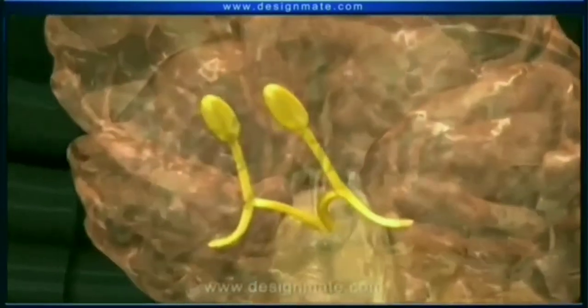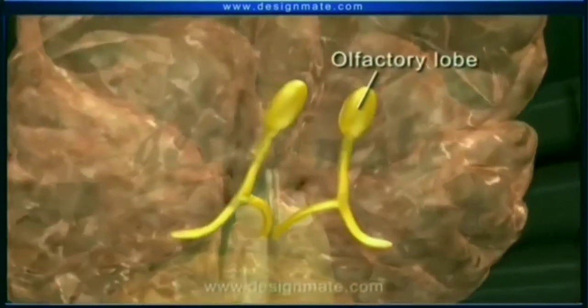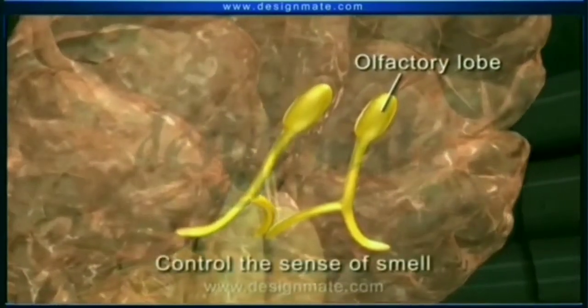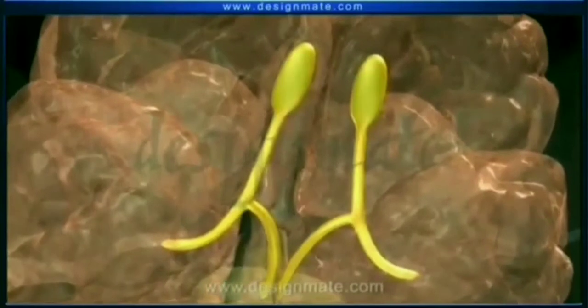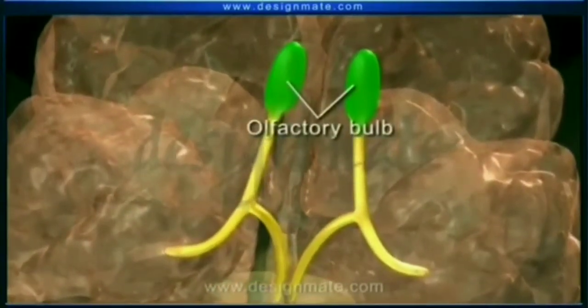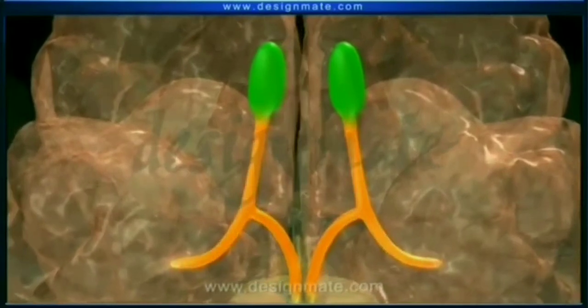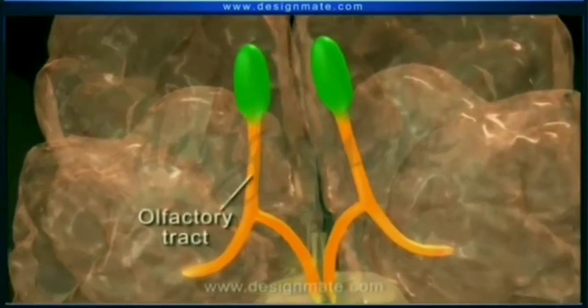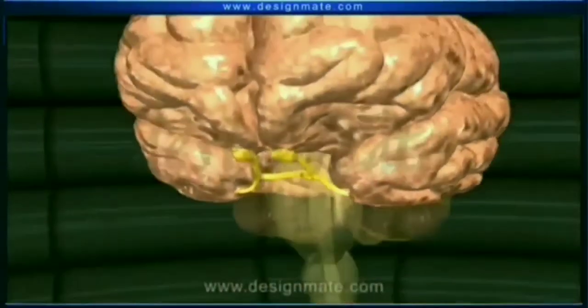First we'll talk about the olfactory lobes. They are highly reduced in the human brain and covered by the cerebrum from all sides except ventral. Each lobe consists of an olfactory bulb and an olfactory peduncle, also called the olfactory tract. The main function of the olfactory lobes is the sense of smell.